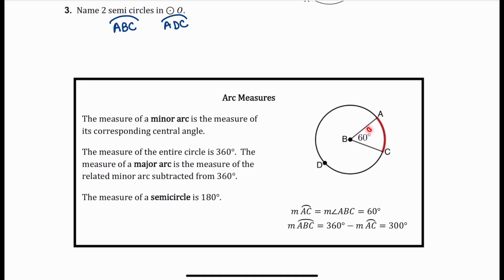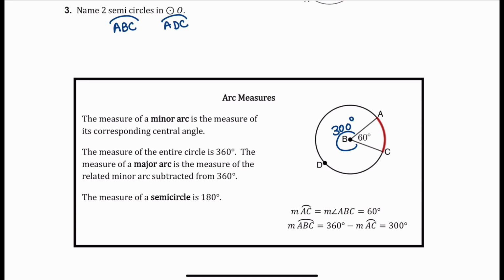So if the whole circle is 360 degrees and the minor arc is 60, the rest of the circle is 360 minus 60 degrees. So this would have 300 degrees for the rest of the circle. The central angle would be here, and the minor arc would be this portion of the circle. It would be represented as 300 degrees.